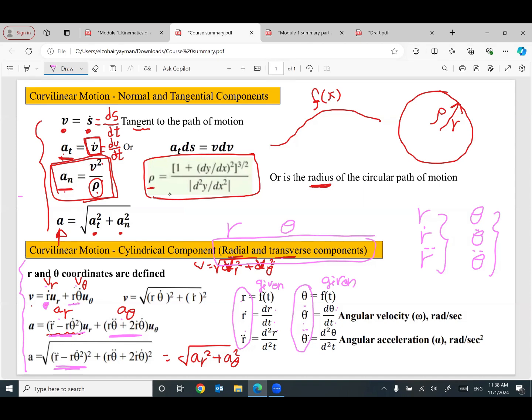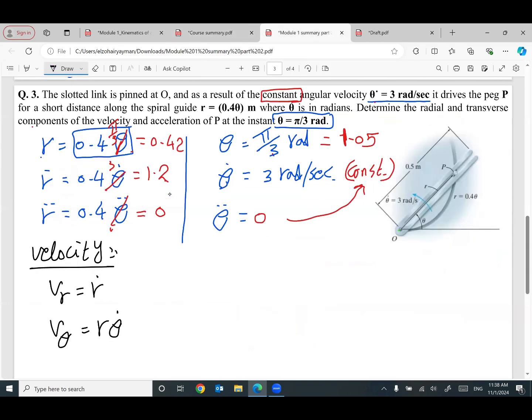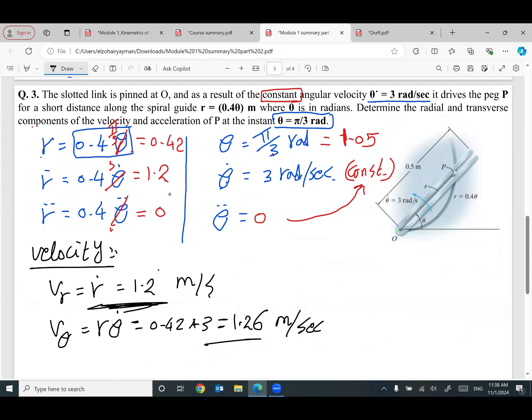This is V theta, R theta dot. So put in your numbers. R dot equals 1.2. R equals 0.42, theta dot means 3. So this value will be 1.26. So I found, in meters per second, the two components of the velocity.